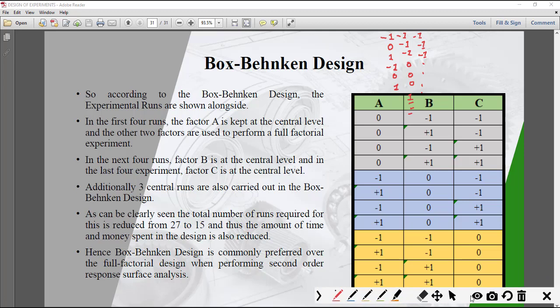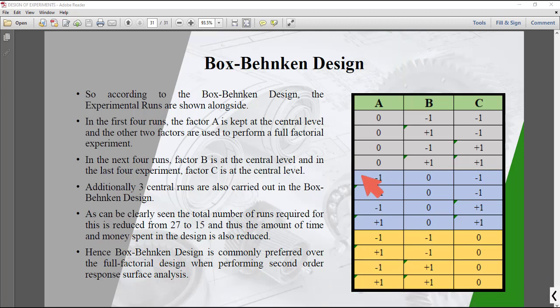Rather than performing 27 different runs, what are we going to do over here? We are going to use Box-Behnken's rules. What does Box-Behnken say? Box-Behnken say that you have 3 factors, keep the first factor at central level, right? Our levels are -1, 0 and +1. So this is the central level. He says keep the first factor at central level and then do full factorial experiment for the other 2 factors, right?